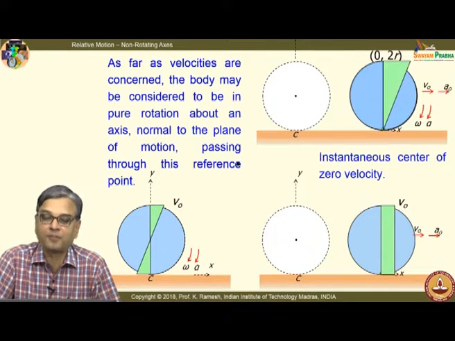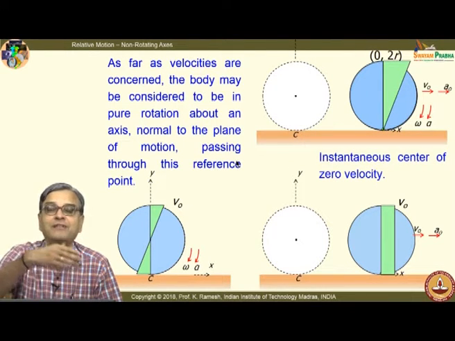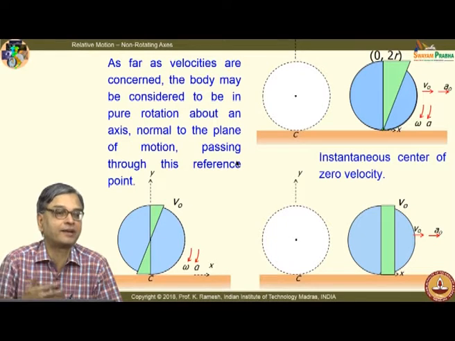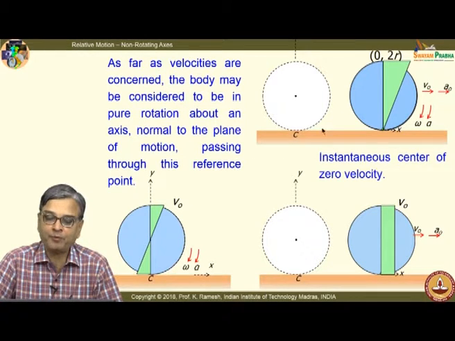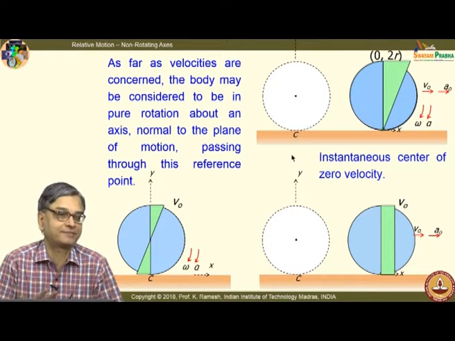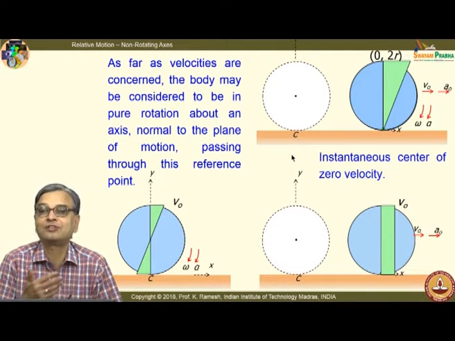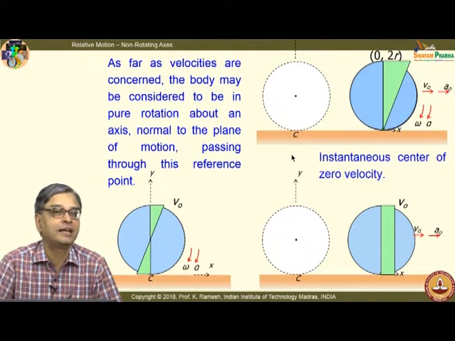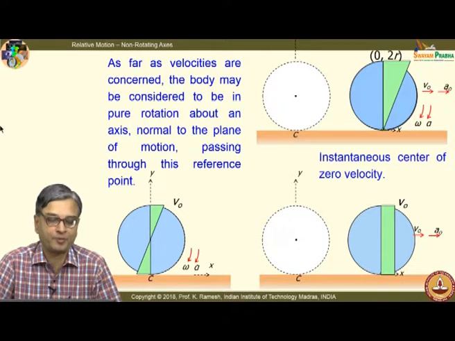So, the object can be visualized to have a rotation about that point, and you know from rolling that this point C has an acceleration. So, when I say 0 velocity, it does not imply 0 acceleration. So, the instantaneous center of 0 velocity can have an acceleration component dictated by the problem situation.